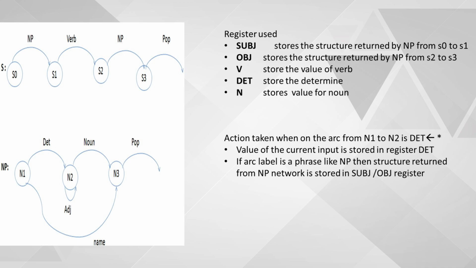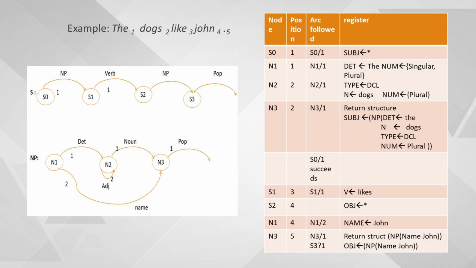Whenever a push command is there, that means there is a call to another network. Then the next arc has cat V, which means this arc will test the category verb on the word. The next push NP means that arc will call another network, the noun phrase. So, we see there are different types of nomenclature used in the ATN specification language.